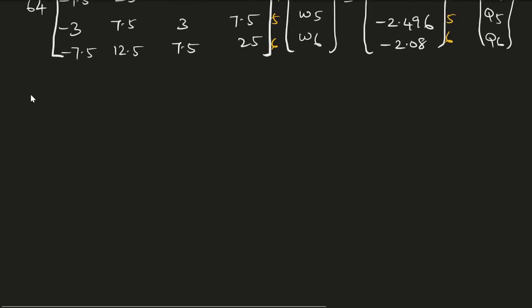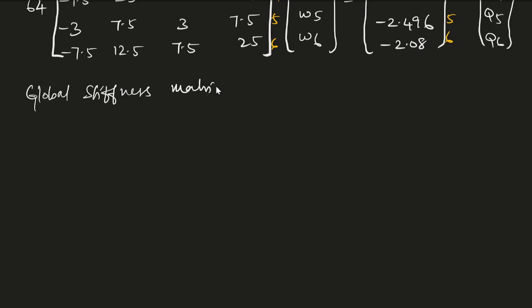Okay, now we have to frame the global stiffness matrix, or else we can say assembly of the stiffness matrix, assembly of the element matrix equation as well. So here we have 6 nodes. If you see, nodes equal to 6, so the matrix will be 6 into 6.